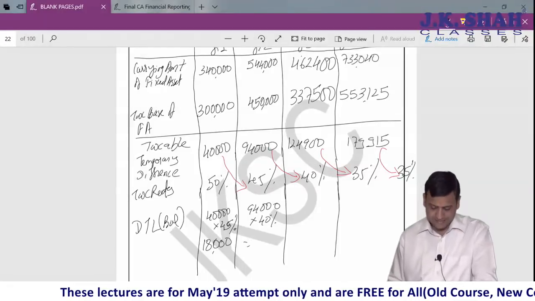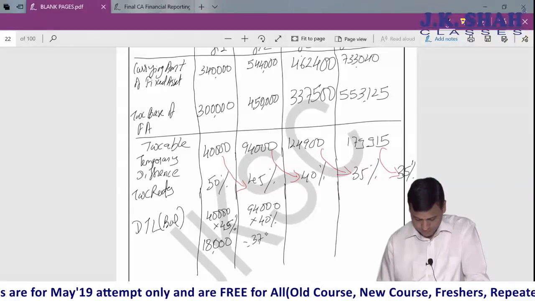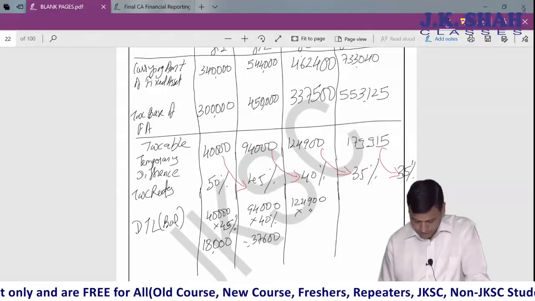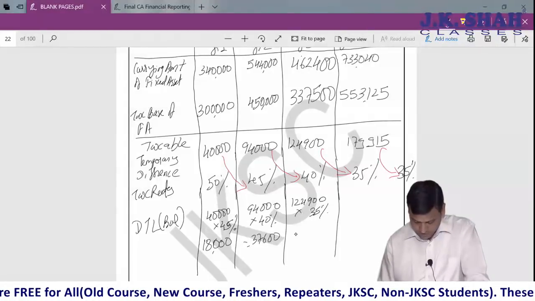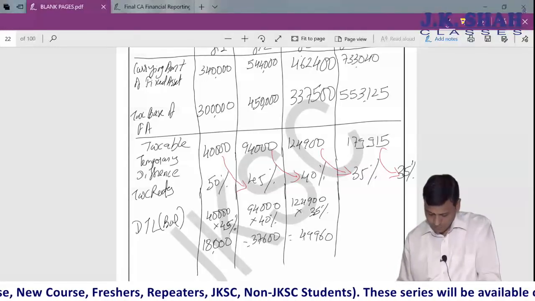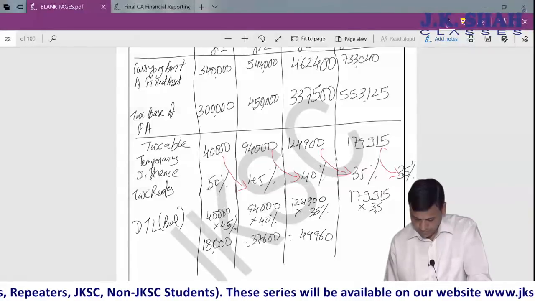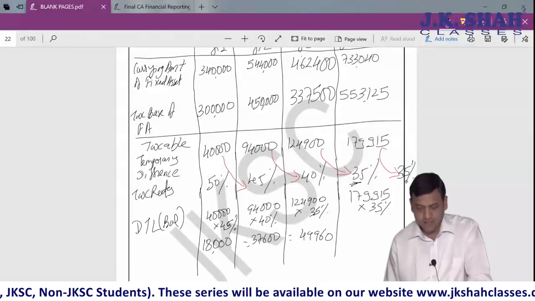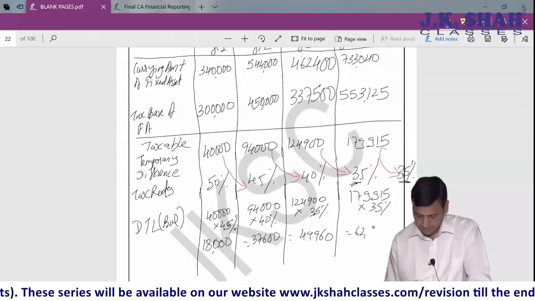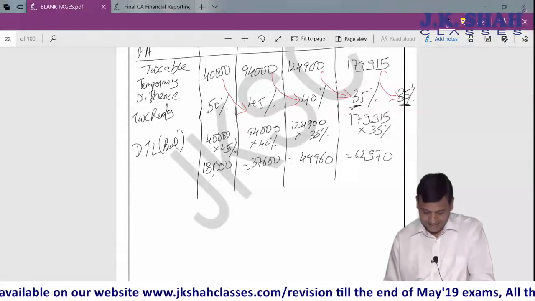I want this balance in my DTL account. How much, madam? 37,600. 124,900 into 35%. 49,960. And 179,915 into 35%. Which 35? This one or this one? 62,970. Now this is the balance in DTL.